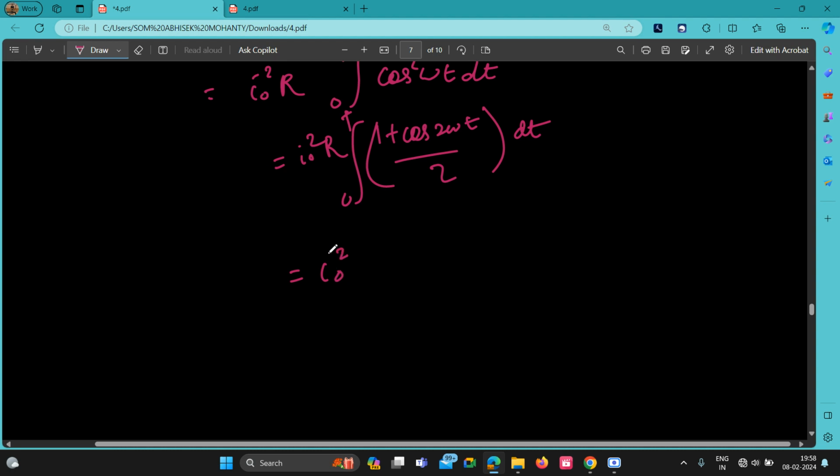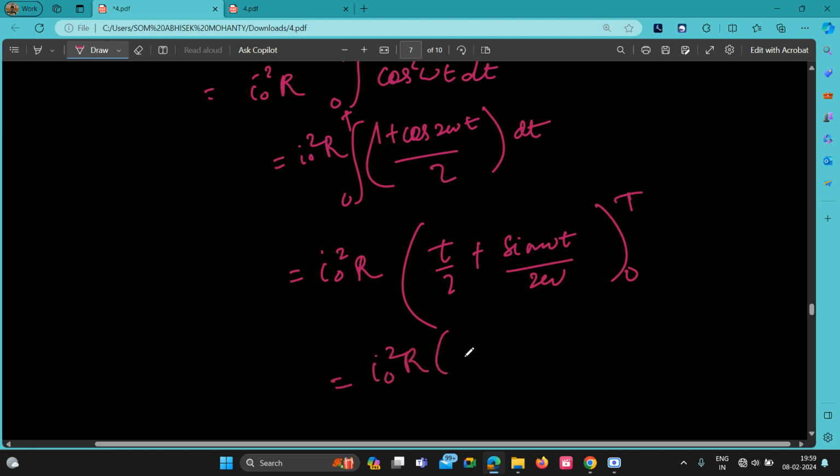I naught square R, this is t by 2 plus sin 2 omega t by 4 omega, from 0 to T.